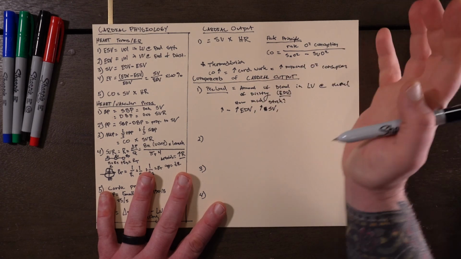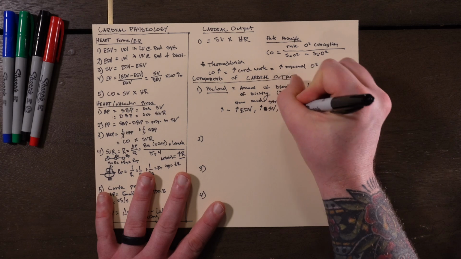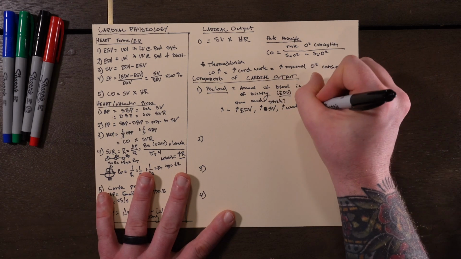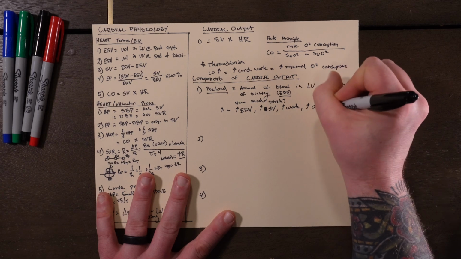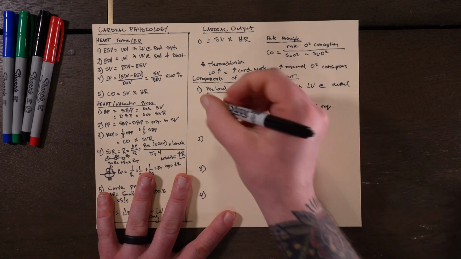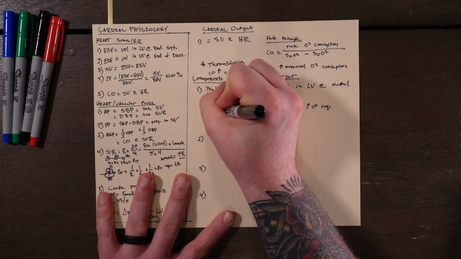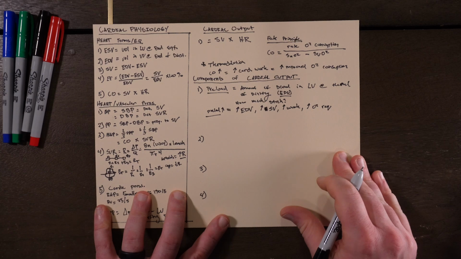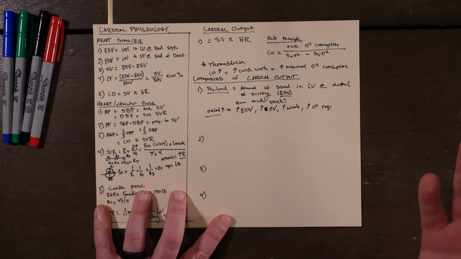Because I'm having to pump more blood, I'm increasing the work of my heart, and then I'm also increasing my O2 requirements, right? So this is what happens when you increase preload.